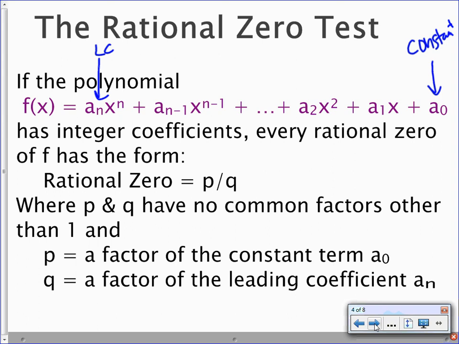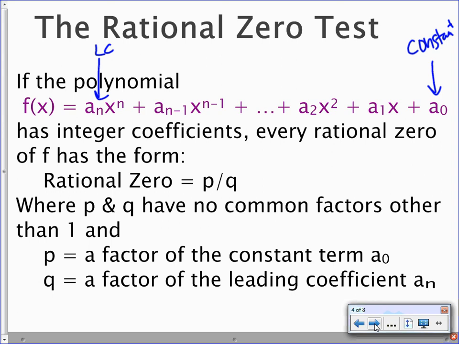Okay, so this gives us a way to narrow down our options so we have somewhere to start as far as checking for zeros.